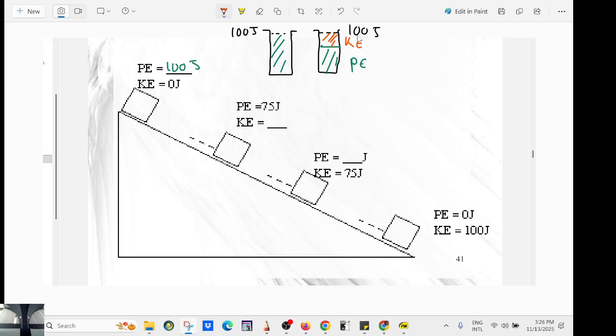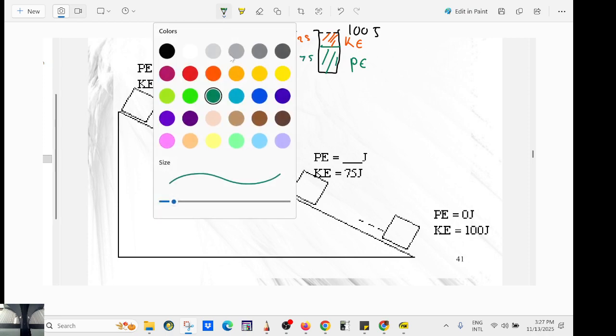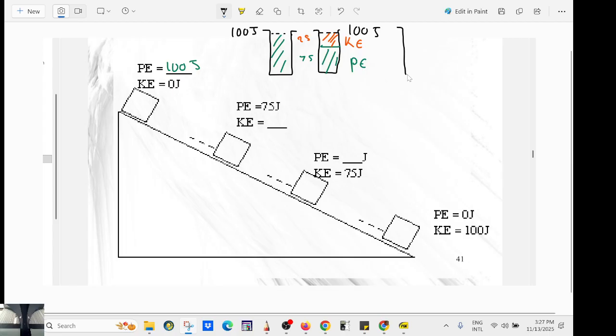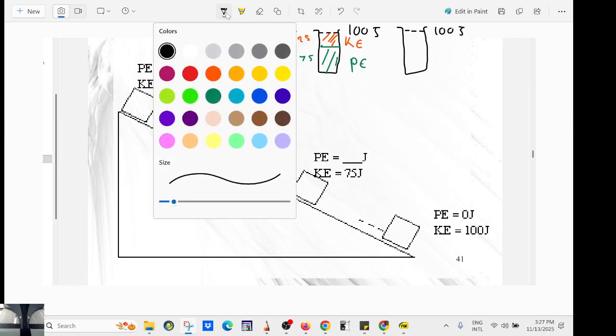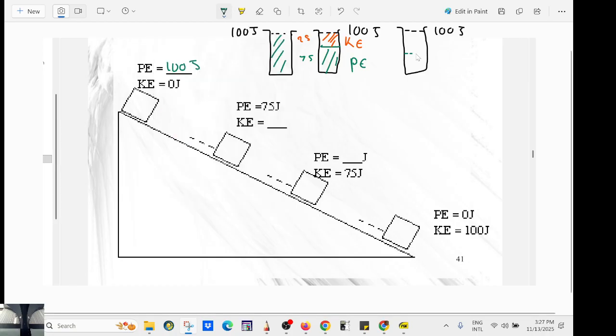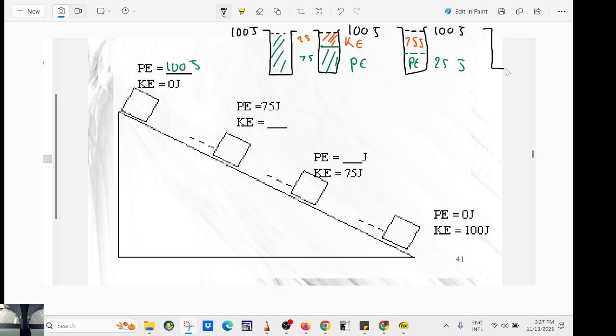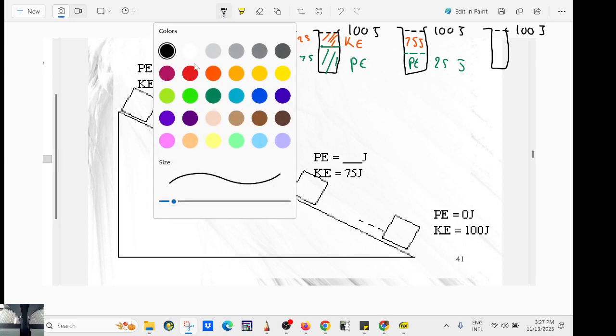The total amount is still 100. So you have 25 here and 75 there. Then you still have the same reservoir, but now you're going to have more kinetic. So potential here will be only 25 joules, and here you're going to have 75 joules. And at the end you still have the same reservoir. Total is 100, but everything will be in kinetic.